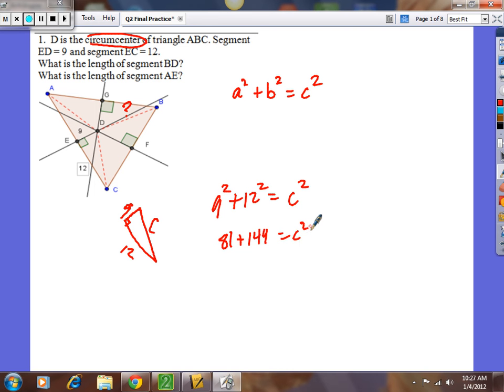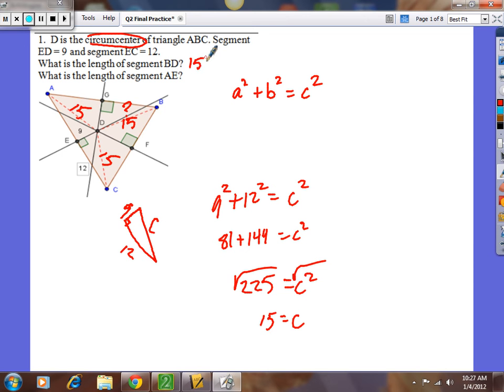And if I add those, what is it, 225 equals c squared. And then do the square root of both. You're going to end up with c equals 15. So I know that from D to C is 15. So that means D to B is 15. And A to D. These all three are 15.